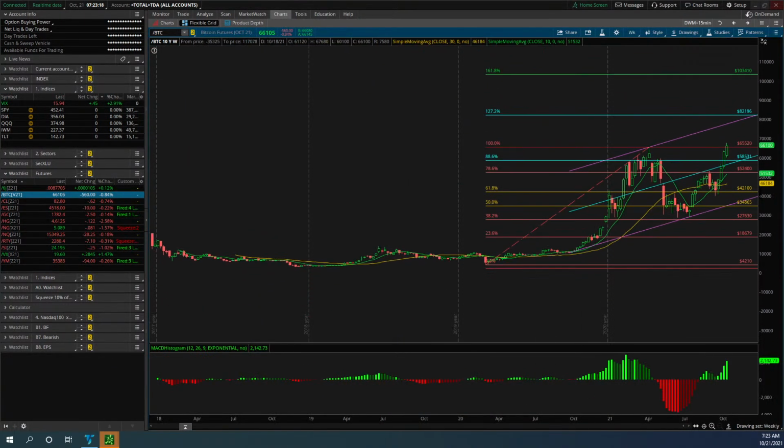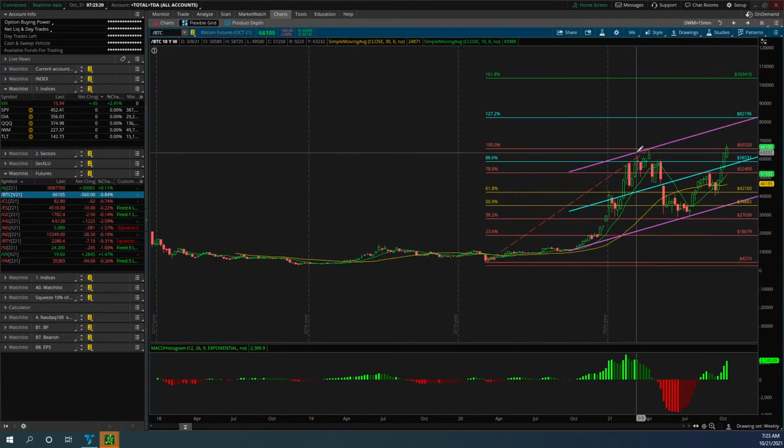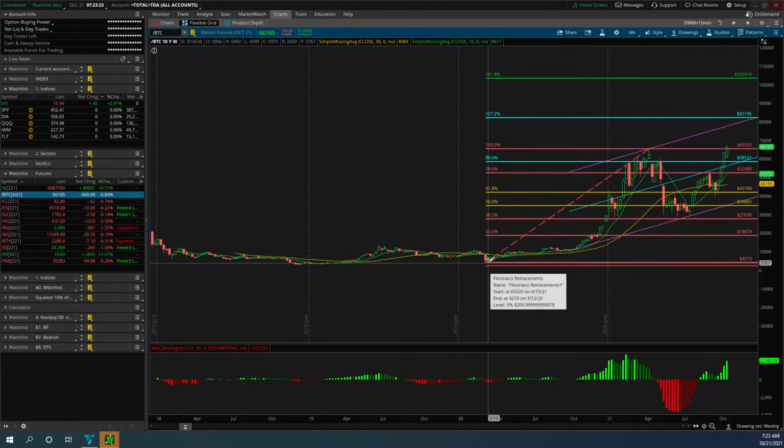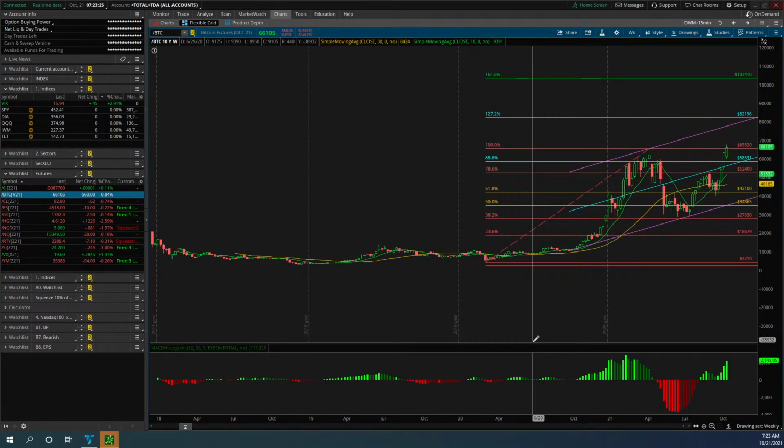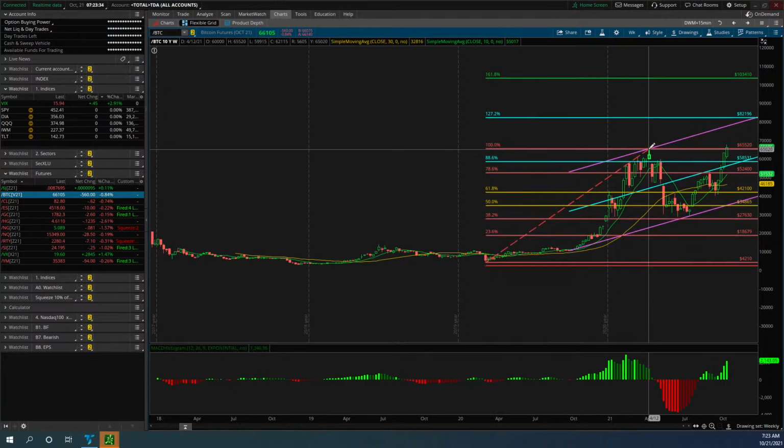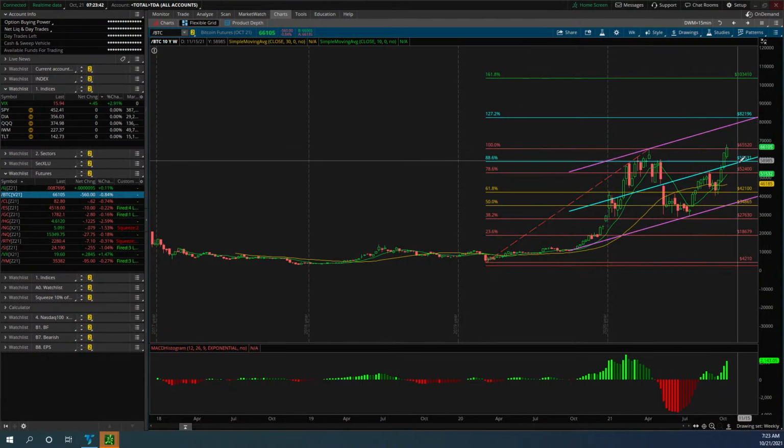So Bitcoin here moved from this low, 42.10, on 2020, all the way up here in April, and then now it's breaking 66. 105 is the price now, so it's breaking to the upside.